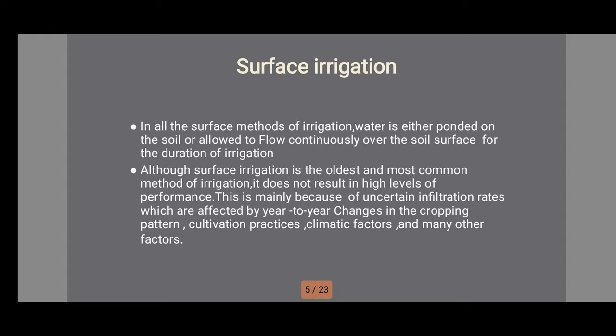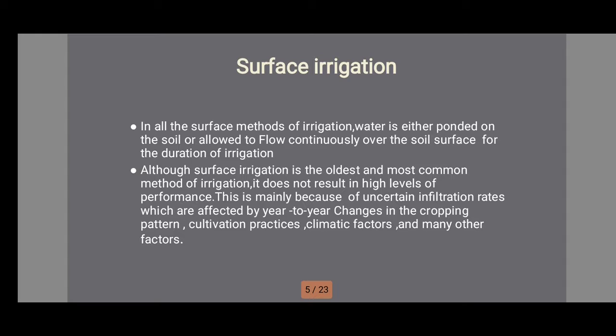Surface irrigation: in all the surface methods of irrigation, water is either ponded on the soil or allowed to flow continuously over the soil surface for the duration of irrigation. Although surface irrigation is the oldest and most common method of irrigation, it does not result in a high level of performance.